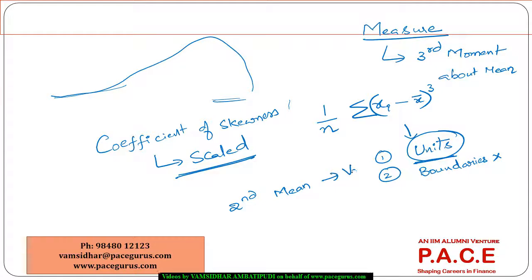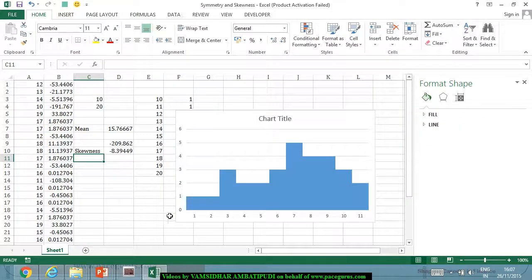We know, right? The second order moment about the mean, I'm raising it to the power 3 by 2. The second order moment about the mean is nothing but my variance. I divide by that. Okay.